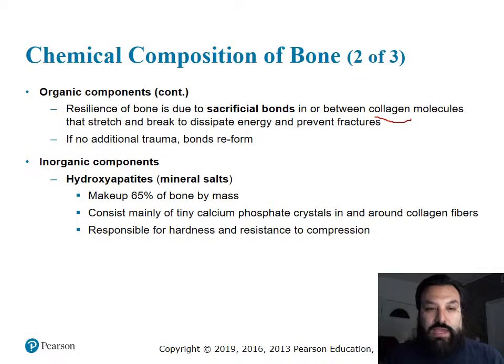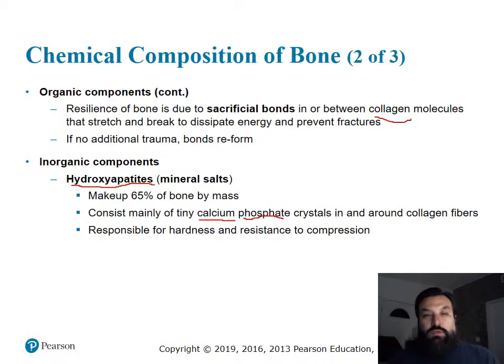Okay, and so let's talk about the inorganic components. We use this word here, hydroxyapatites, right? We call these mineral salts. 65% of the mass of the bone is made up of these hydroxyapatites, one of which is made up of calcium, right, and of phosphorus.